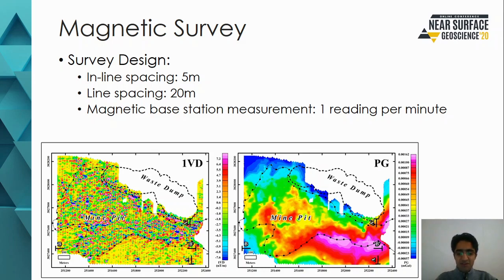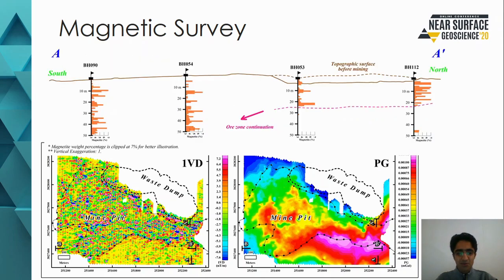If you pay attention to the figures down below, you will see that there are some sections highlighted here, AA prime and BB prime. In the AA prime section, from the north to the south, you can definitely see an extension of the ore zone and the continuity of the ore zone towards the south, which is highlighted by the magnetic data, especially the pseudo-gravity grid.